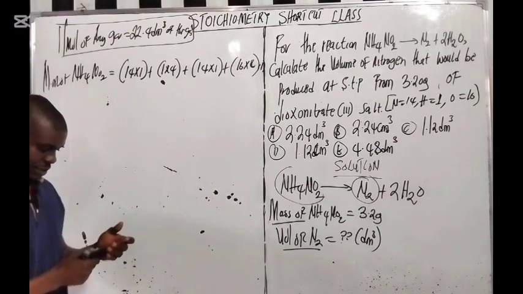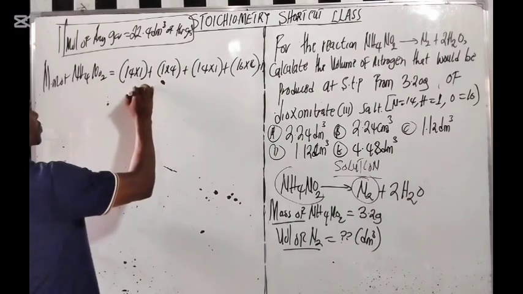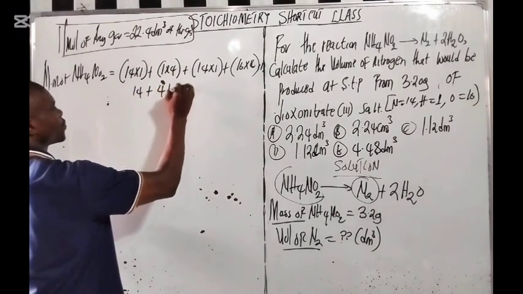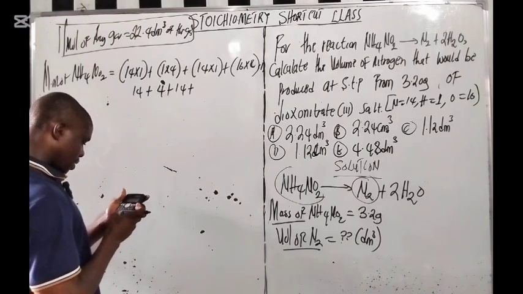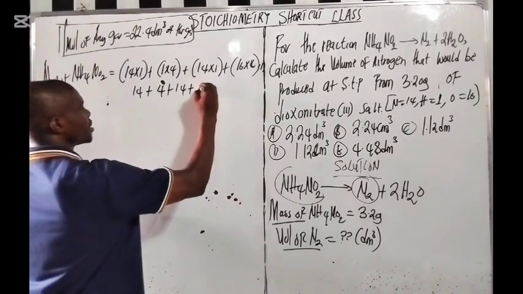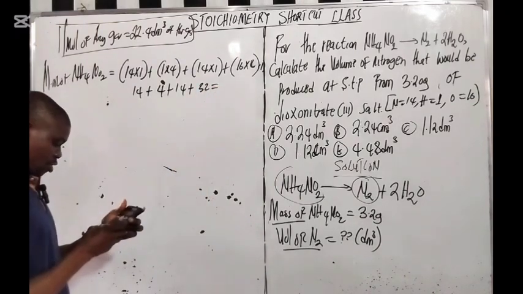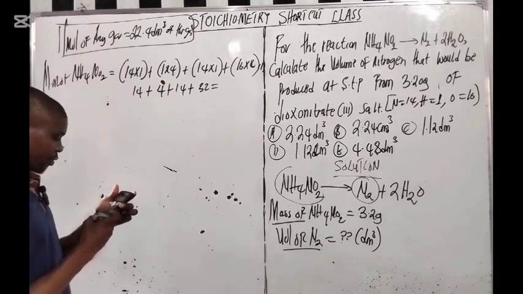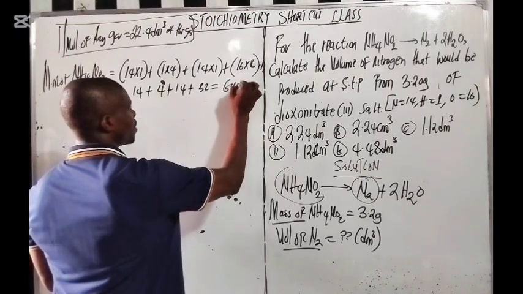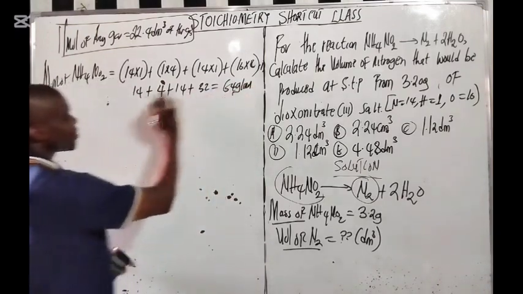Let's calculate it very well. 14 plus 4 plus 14 plus 16 times 2, which is 32. So let's add them together: 14 plus 4 plus 14 plus 32 gives 64 grams per mole.